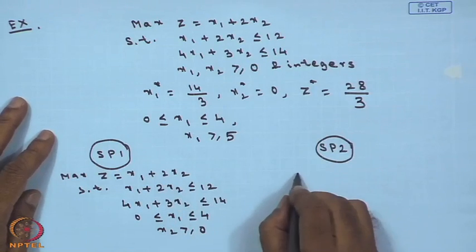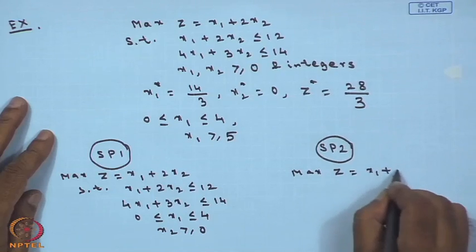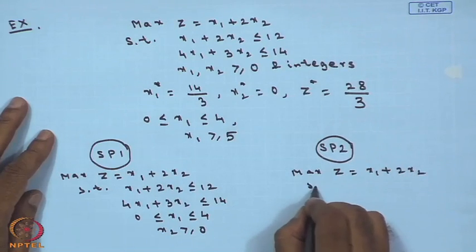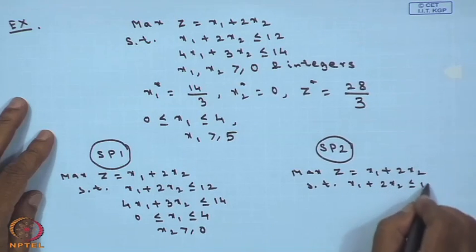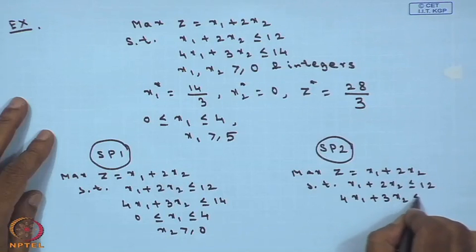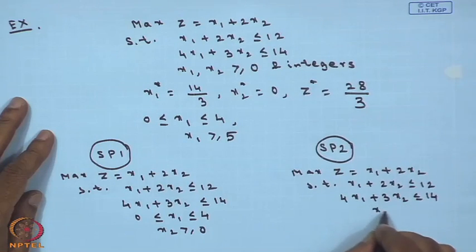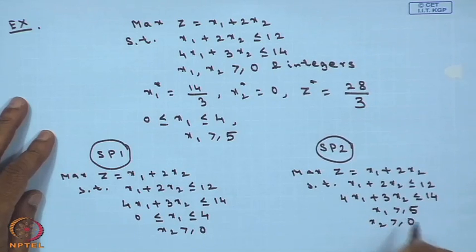This is subproblem 1. Subproblem 2 will be x 1 plus 2 x 2 subject to x 1 plus 2 x 2 less than equals 12, 4 x 1 plus 3 x 2 less than equals 14, and x 1 greater than equals 5, x 2 greater than equals 0.